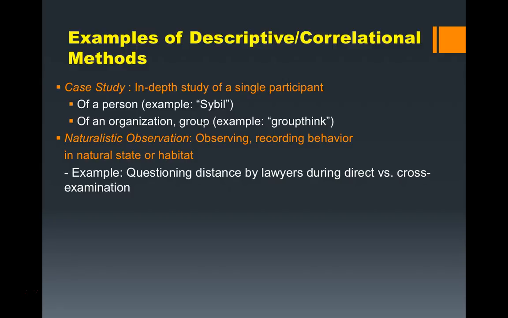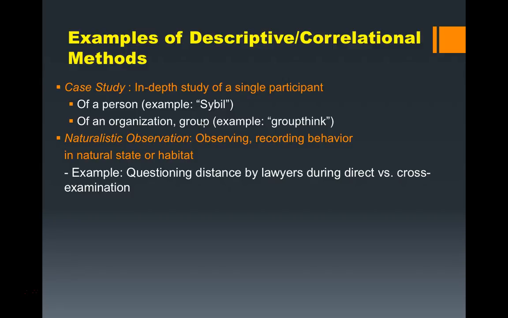So what the researchers did was they were able to get permission to observe some courtroom testimony, and they were able to record several distances that the lawyers kept from the witness on the witness stand as they questioned them.